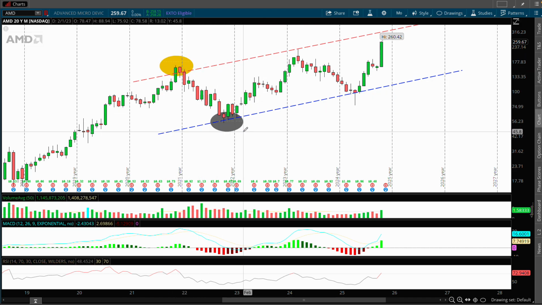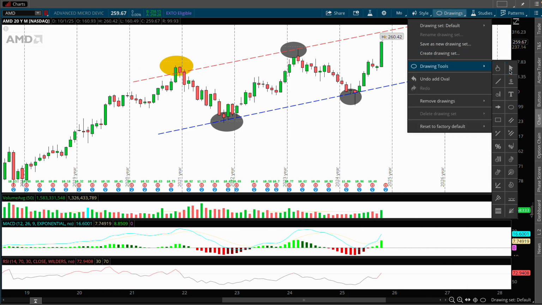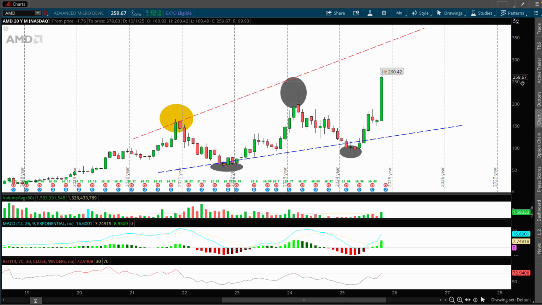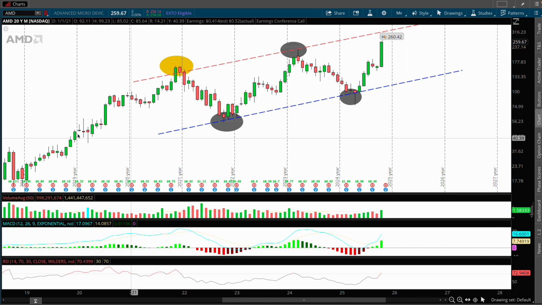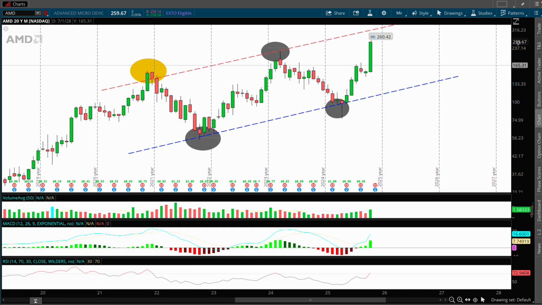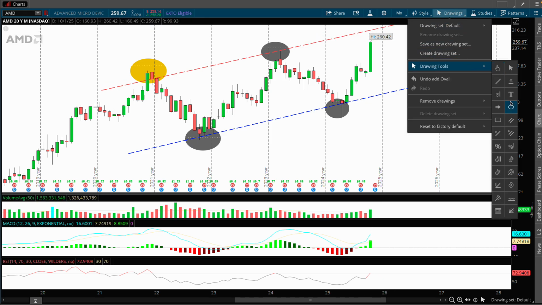Then it came down, and then it went up. So it hit a resistance, came down, and started rebounding again. Basically, what this shows us is, if I go and hold down, that's what happens. Over here, what we can see is there's definitely room for it to go higher.